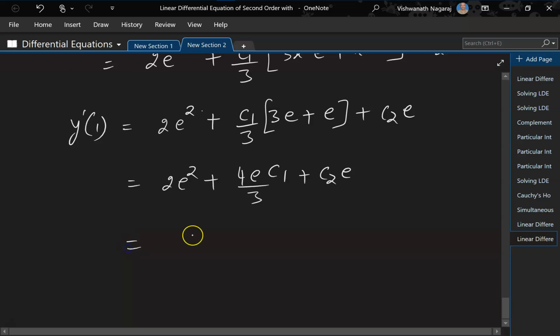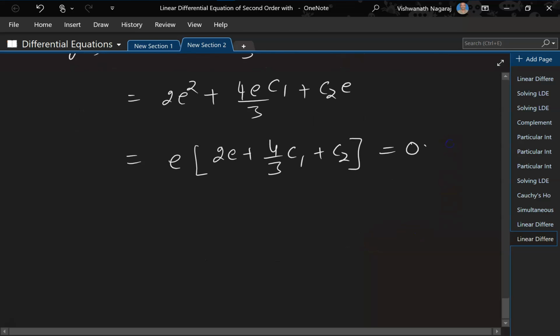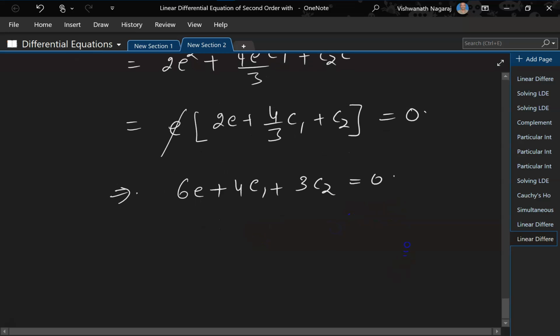And here we can take e common: e times (2e plus 4 by 3 c1 plus c2), and this we are given is equal to 0. So e will get cancelled when we take it to the other side, and we are left with, let's take the LCM, 6e plus 4c1 plus 3c2. The denominator 3 will go to the other side and become 0. So this is our second equation.